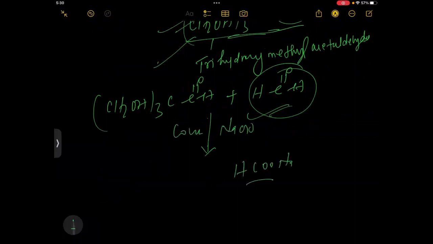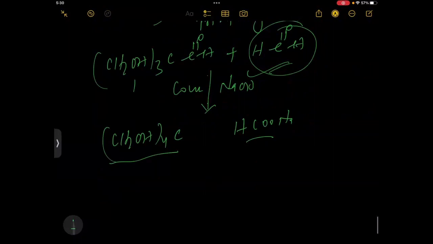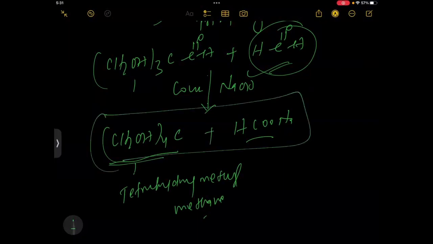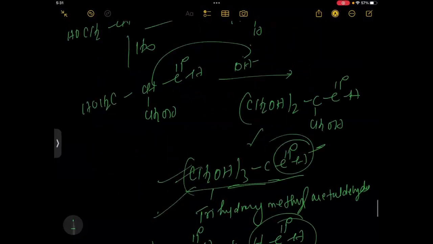And this part will form C with 4 CH2OH groups. The name of this compound is tetrahydroxymethyl methane. So this is the product you will get.